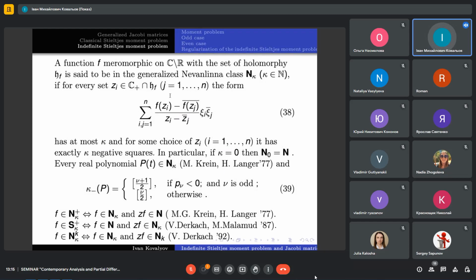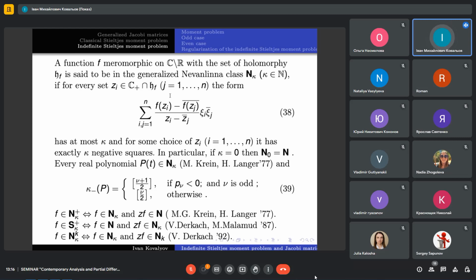The next step, we define generalized classes. First of all, we define the generalized Nevanlinna class. So the function f, meromorphic with a set of holomorphy, is said to be in the generalized Nevanlinna class N_kappa if for every set z_j, the form 38 has at most kappa, and for some choice it has exactly kappa negative squares.